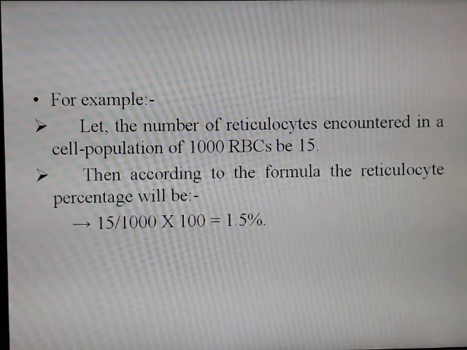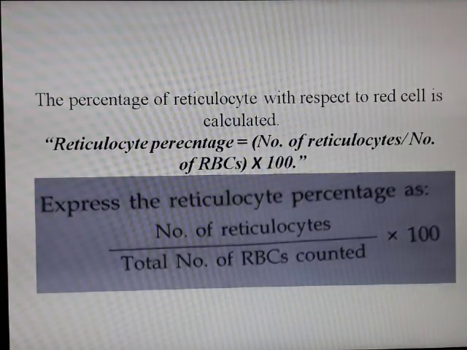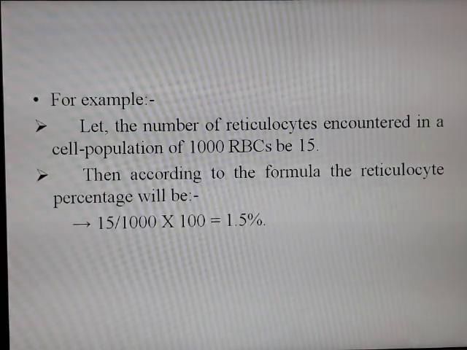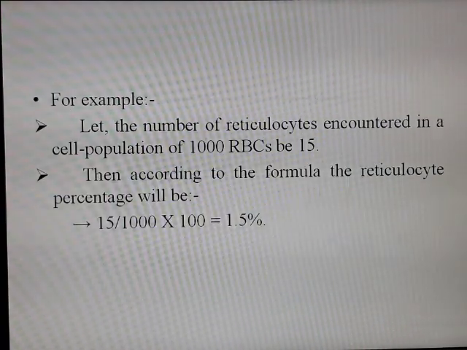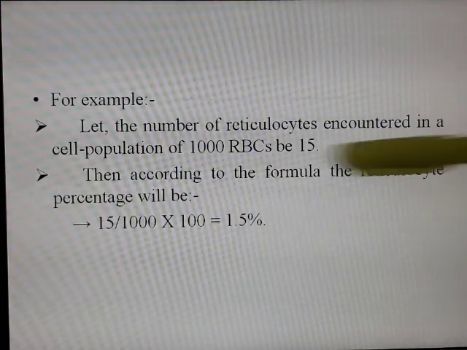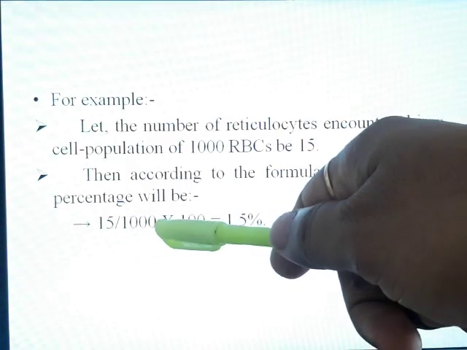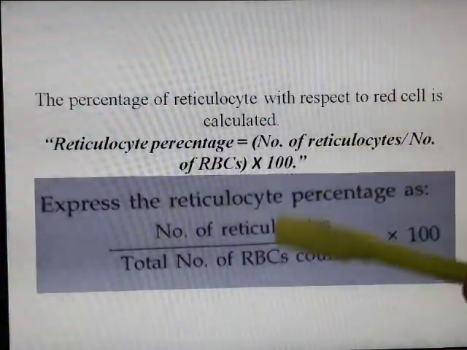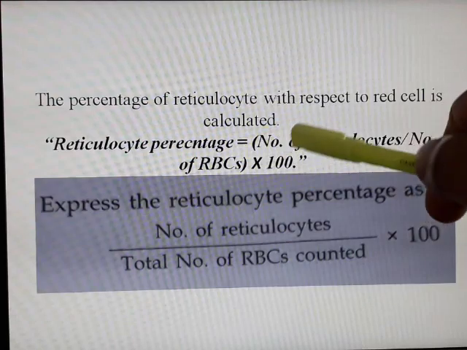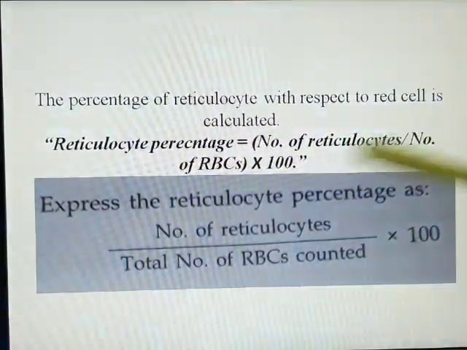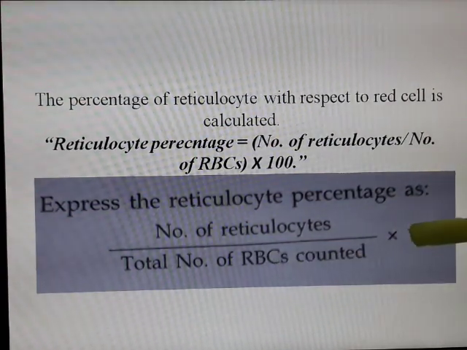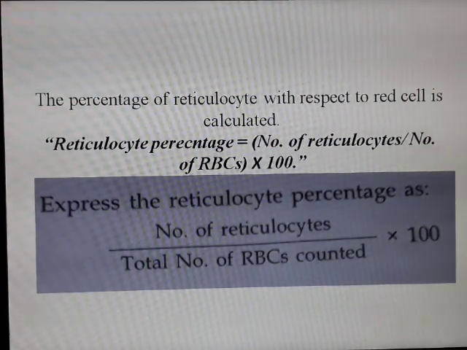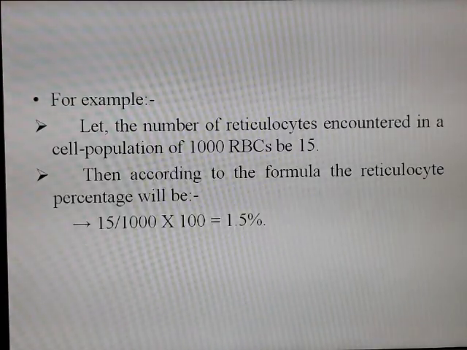According to the formula, the number of reticulocytes is 15, the total number of RBCs counted is 1000, multiplied by 100. So 15 divided by 1000 times 100 ultimately gives you 1.5%.